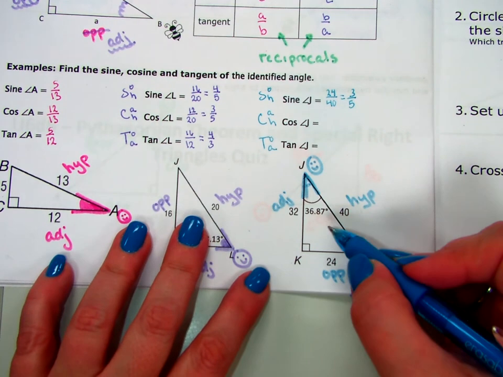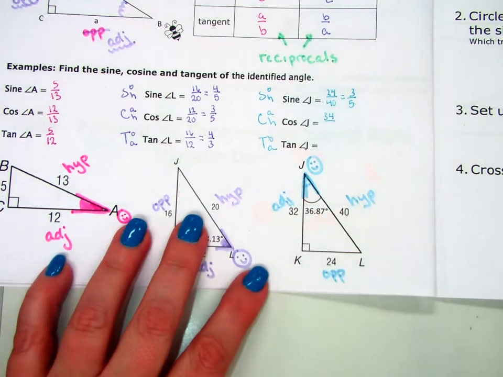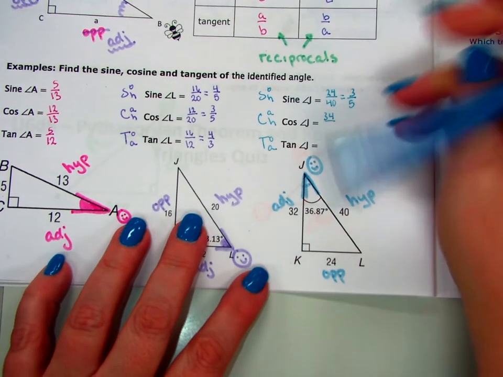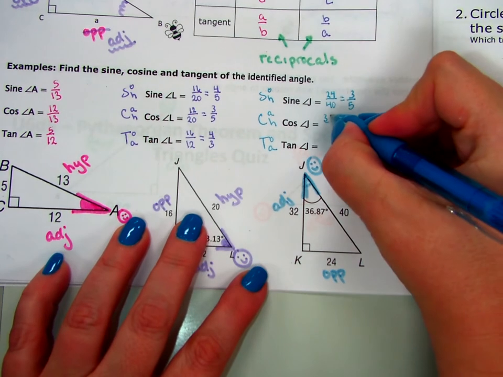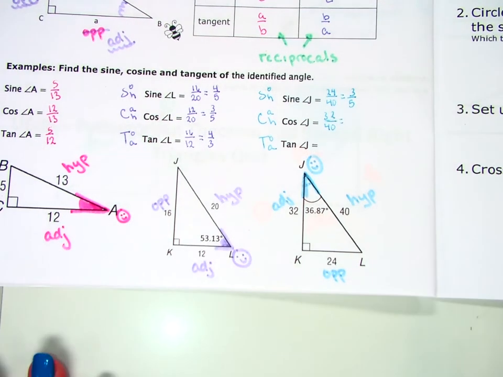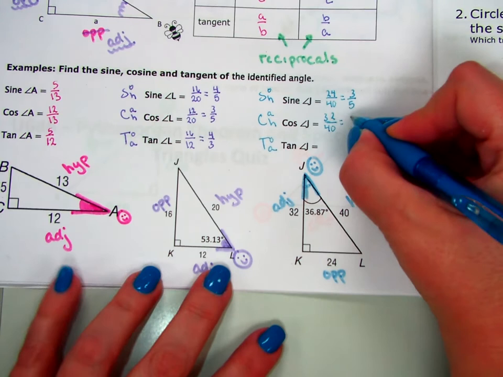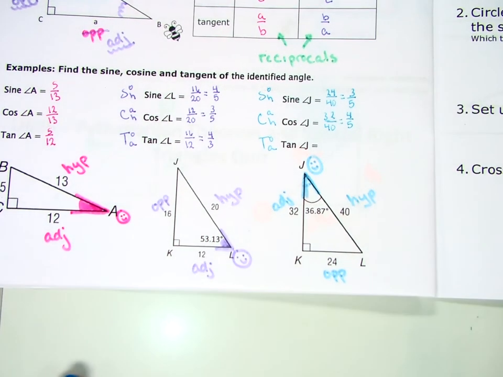Cosine, CAH, adjacent over hypotenuse. What's my adjacent? 32 over my hypotenuse, 40. Oops, I wrote a 34 instead of a 32. 32 over 40, 4/5.